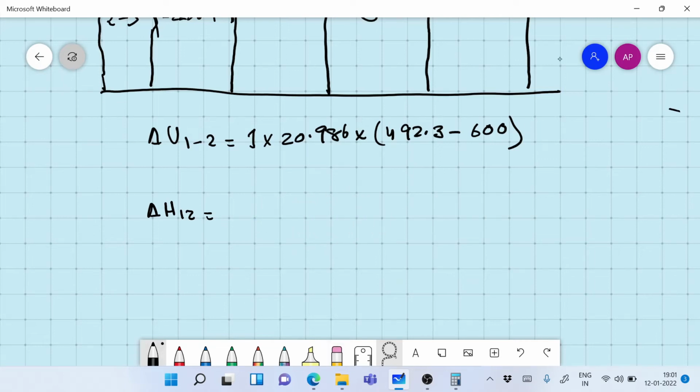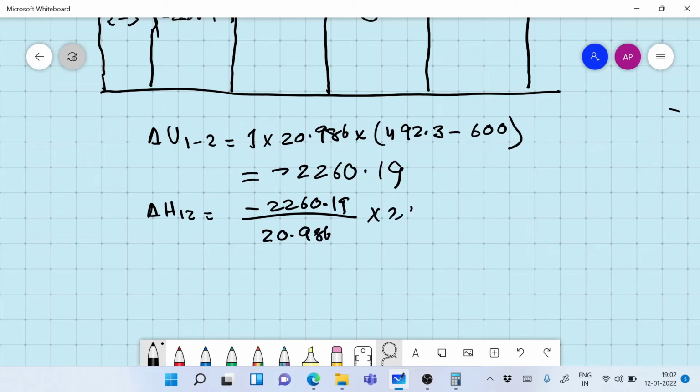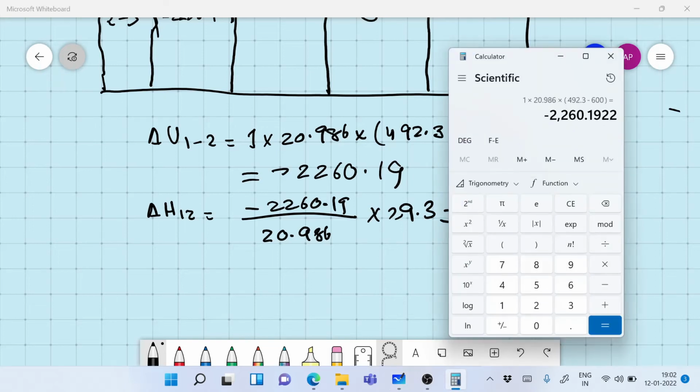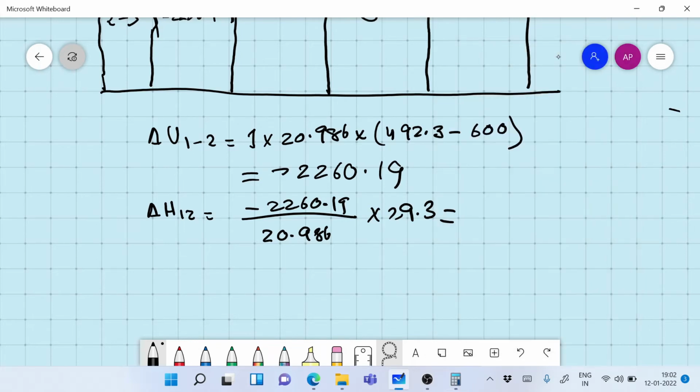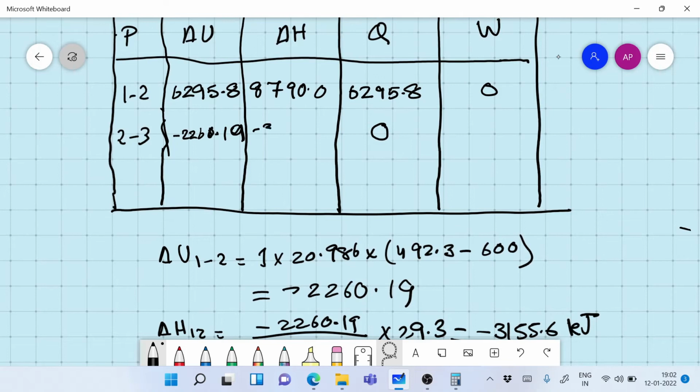So delta H is minus 2260.19 divided by 20.986 into 29.3, and that's minus 3155.6 kilojoules.